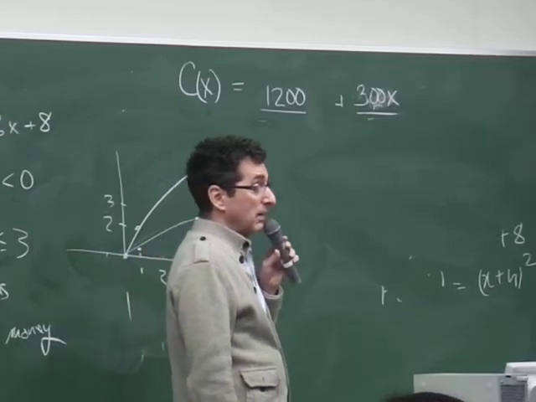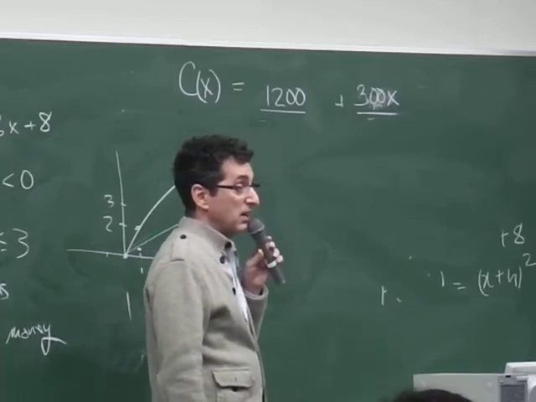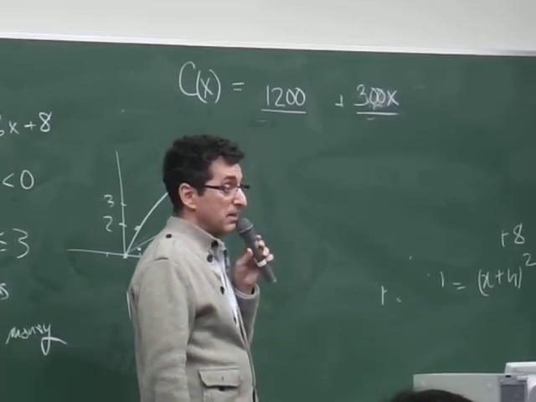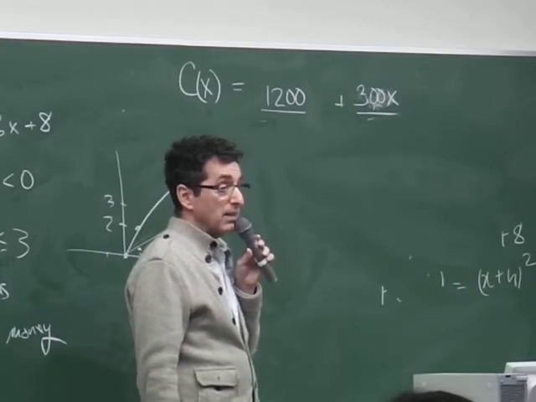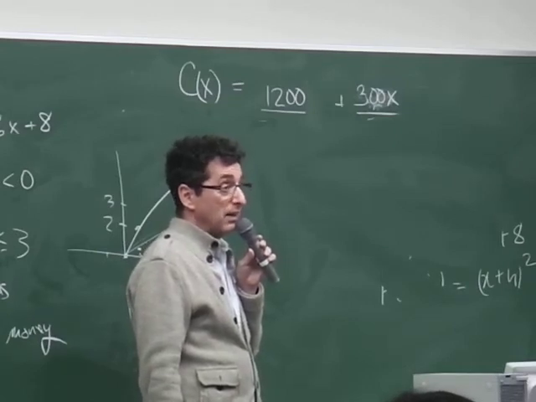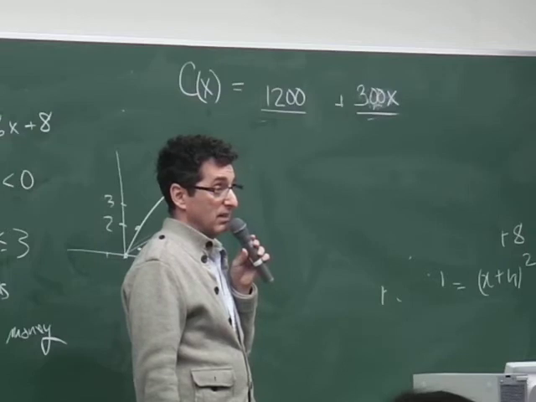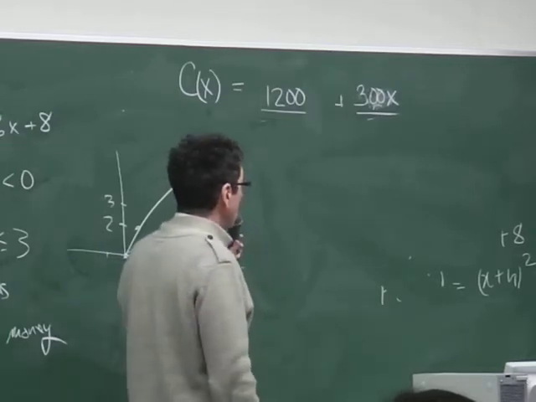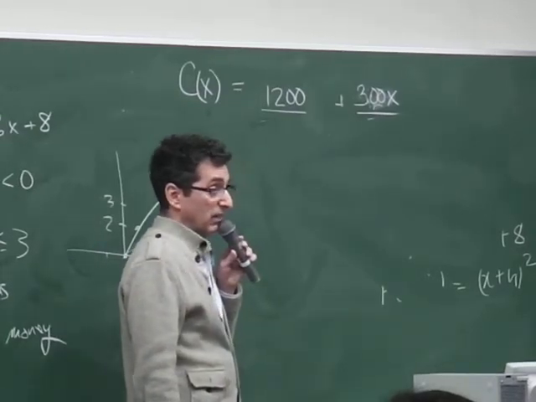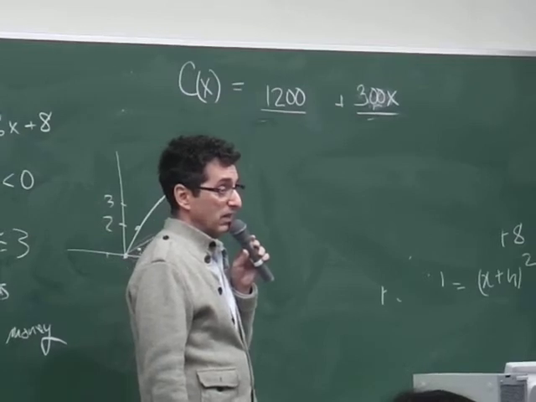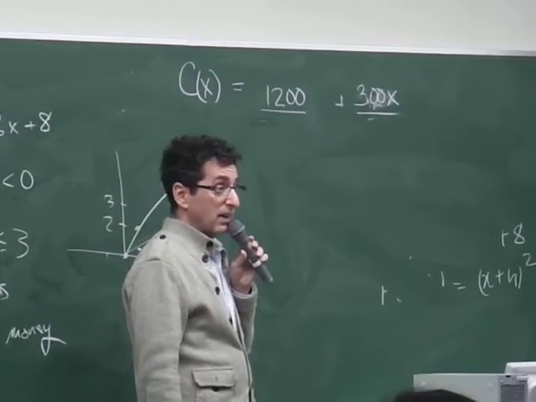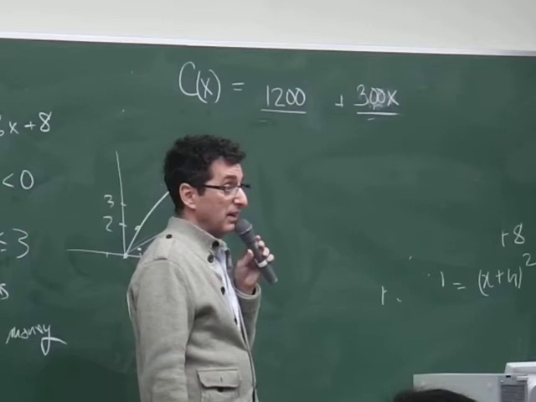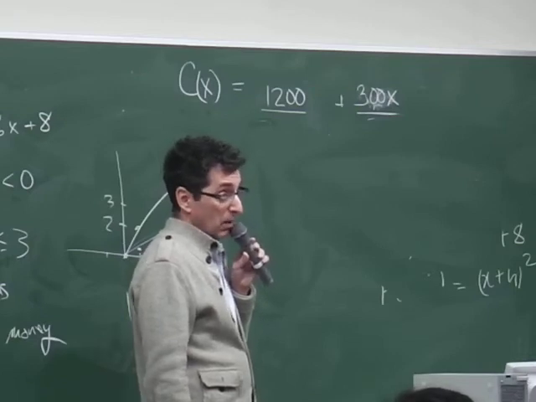Okay? So one part of this equation depends on X, and the other part doesn't, right? So we call the part that doesn't depend on X the fixed costs. It means it doesn't depend on X, they're fixed. Independent of X is what fixed means. So what's the fixed cost here in this cost function? 1,200. That's called the fixed cost. And the other part we call the variable cost.